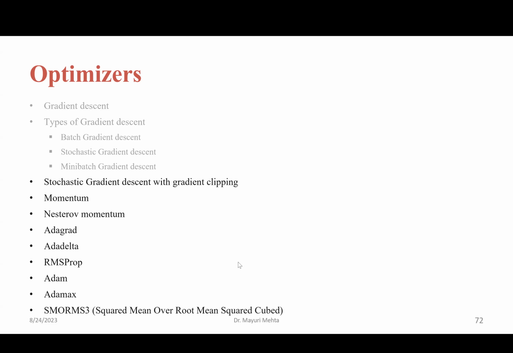Nesterov momentum. Nesterov momentum is a variant of the momentum optimization technique. It is named after the mathematician Yuri Nesterov, the surname of the inventor of this optimization technique. He proposed this idea.